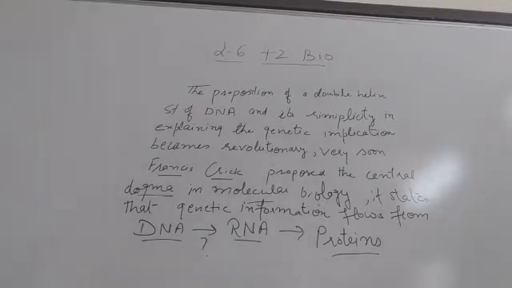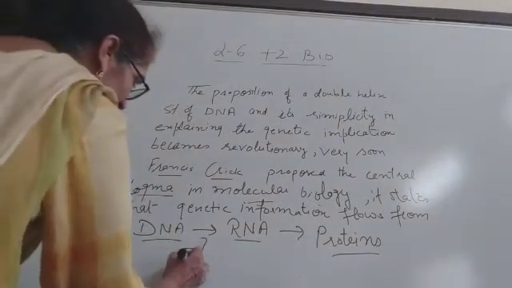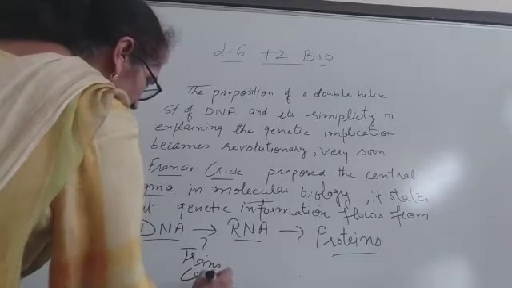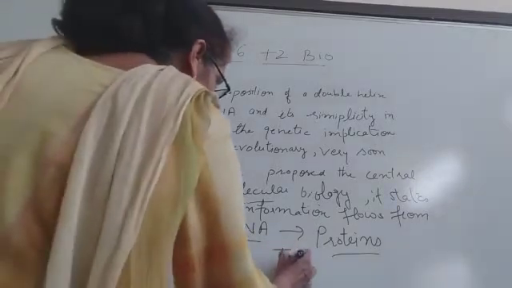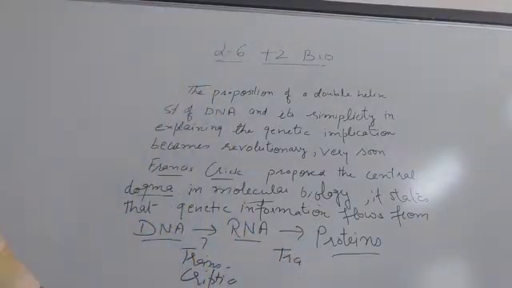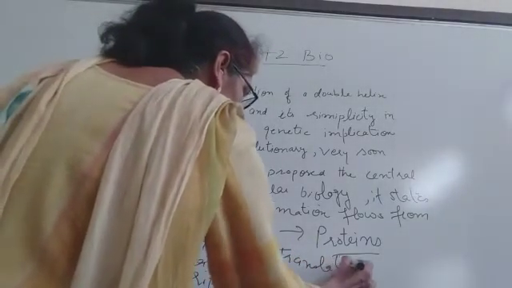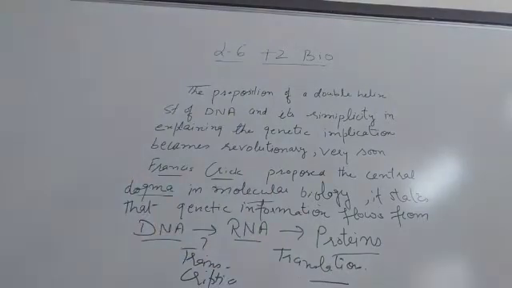So, these are the two terms: transcription and translation. These two things will happen, DNA to RNA, transcription, and RNA to proteins, translation, and this way whatever molecules have to be formed, the information from one generation to the next will go.